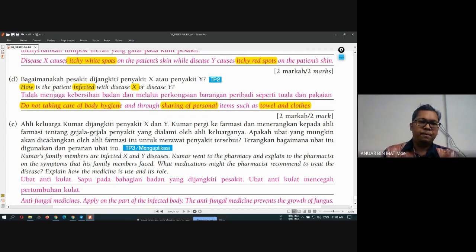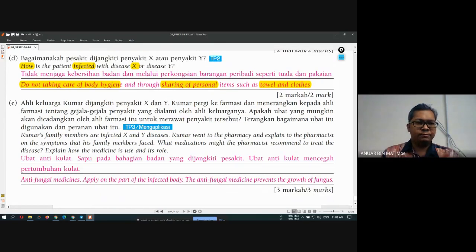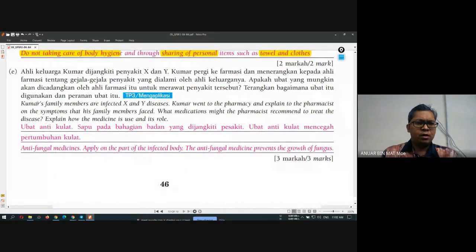Next, 2E. Okay, the situation. Kumar's family members are infected with X and Y disease, and then Kumar went to the pharmacy and explained to the pharmacist the symptoms of his family members' skin. What medication? The first and second sentences are the condition or situation.